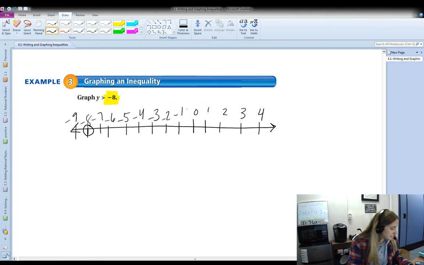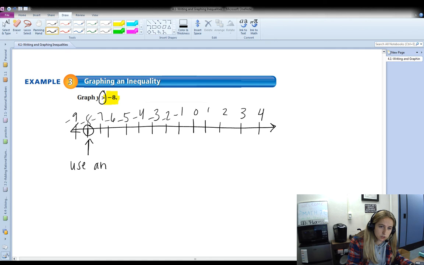Then you need to decide, is it an open or closed circle? Remember, an open circle means that there is no line underneath that inequality symbol. A closed filled in circle means that there is that line, which means that it is also equal to. So is there a line underneath this inequality? No. So we're going to leave this open, okay?